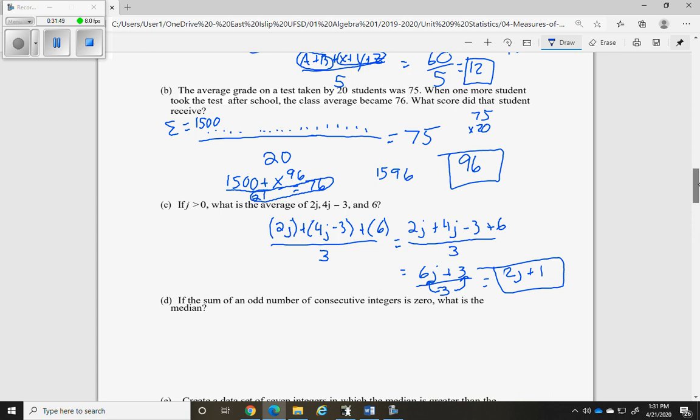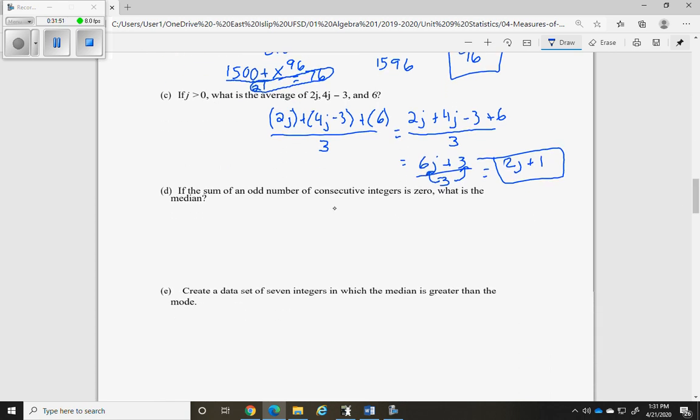The sum of an odd number of consecutive integers, so like 3 integers, 5 integers, the sum is 0. So if I add these, I get a 0, or if I add these, I get a 0.